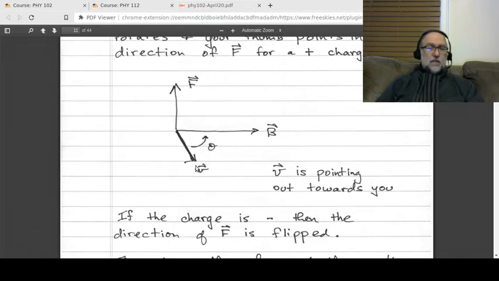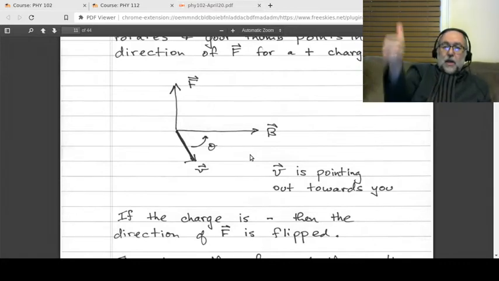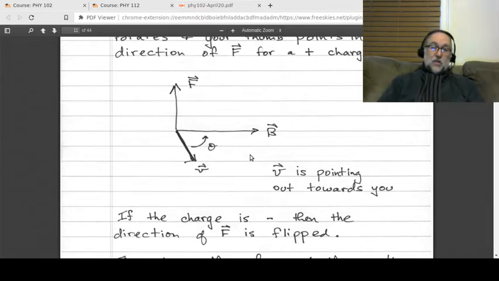So you start with the velocity vector and you imagine rotating it towards the B field, just like the hands of a clock, rotating towards B. You can see here I have theta, but with a little arrow on it because I'm rotating from V to B. What you do is you take your right hand and point your fingers in the direction of the rotation. So V is rotating towards B, and your thumb will point in the direction of the force.